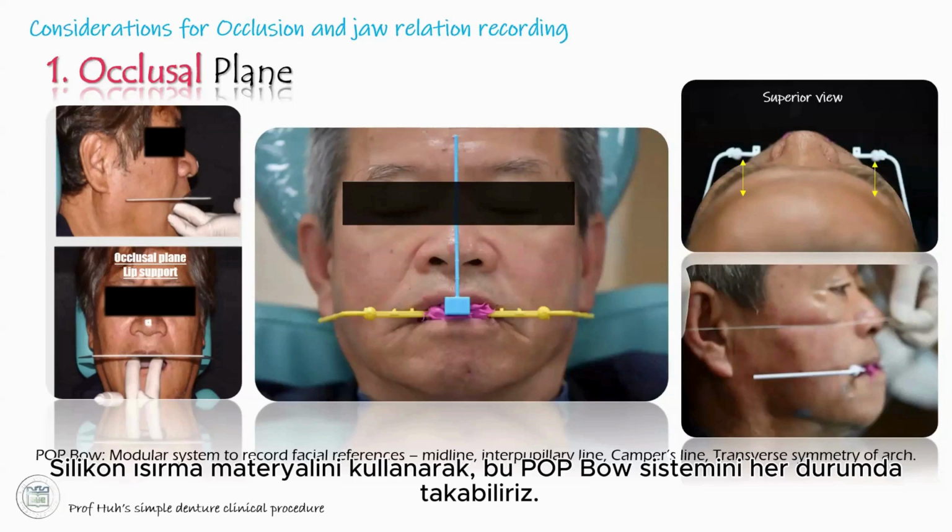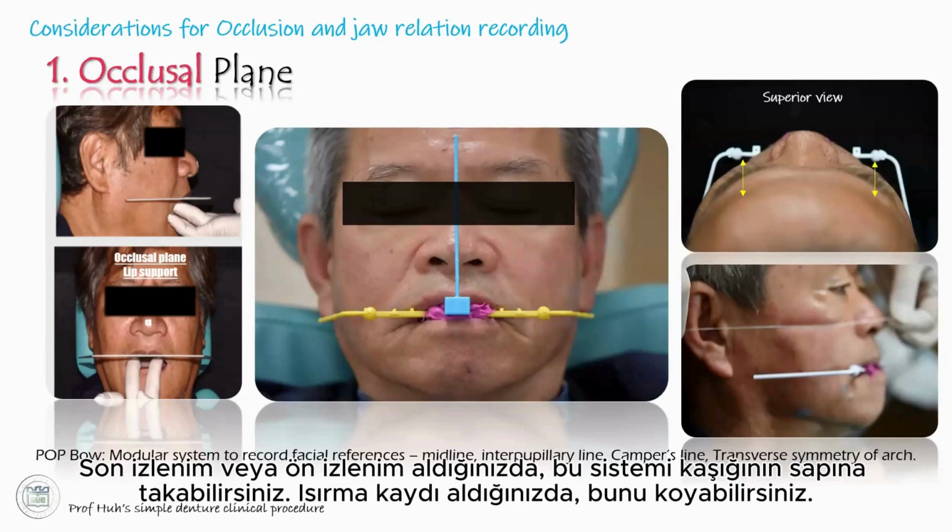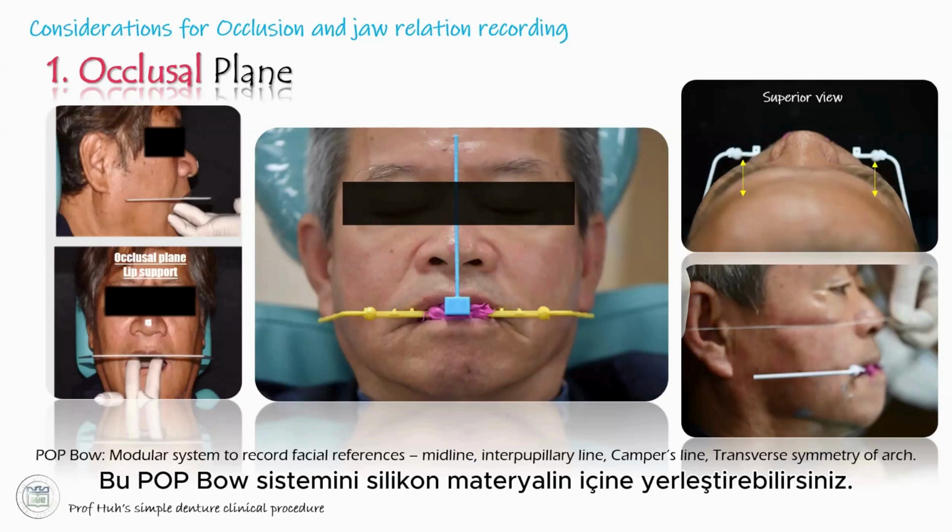When you take a preliminary or final impression, you can attach the Papo system on the handle of the tray. When you take a bite registration, you can put the Papo system into the silicone material.